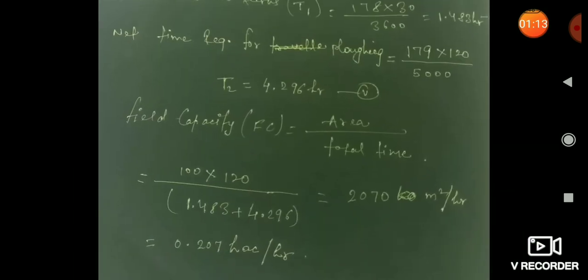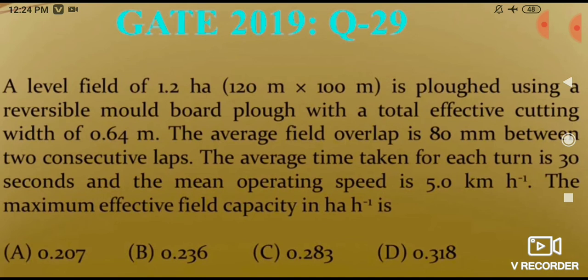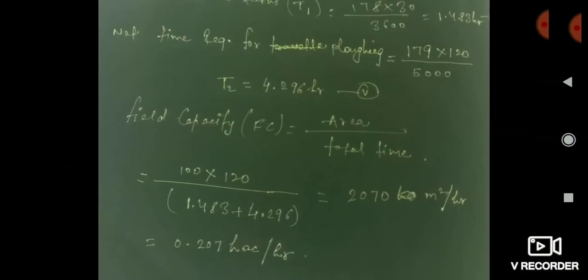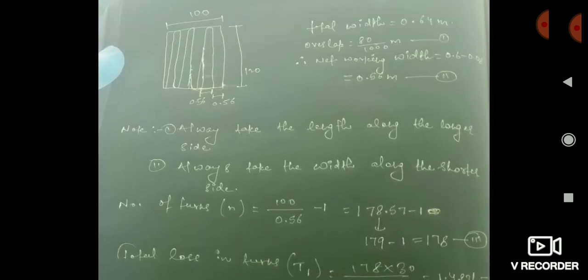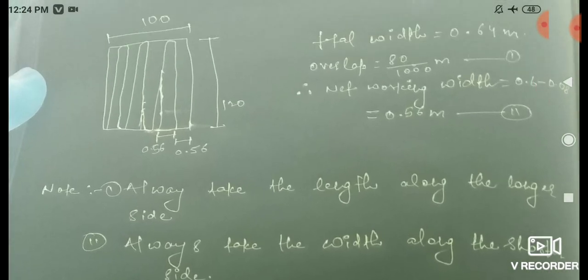So friends, you should calculate the net time required for ploughing, that is 179 into 120 divided by 5000. You can see here 5 km per hour is the speed, that is 5000 if you convert it into meters. And here 120 is the length, because when we are calculating the net time, that is the total movement of the tractor, we are dealing with the length, but when we are calculating the number of turnings, we are dealing with the width.